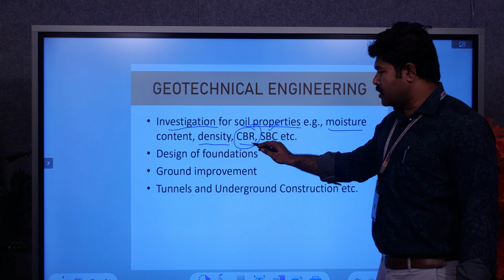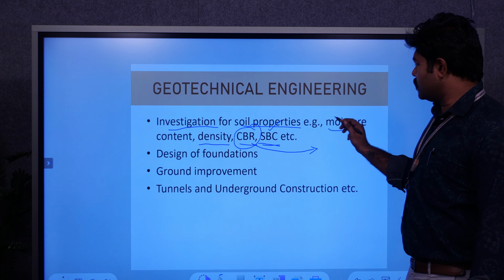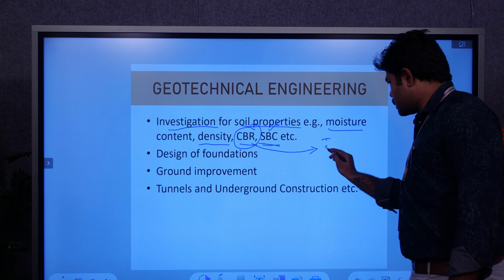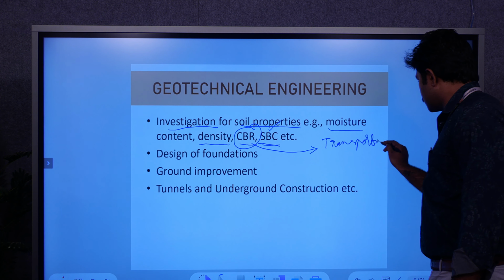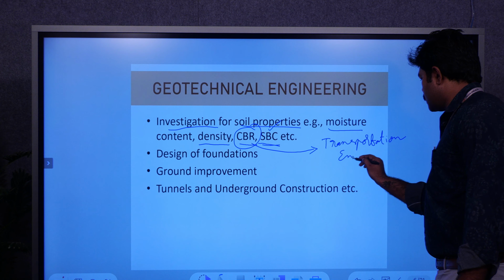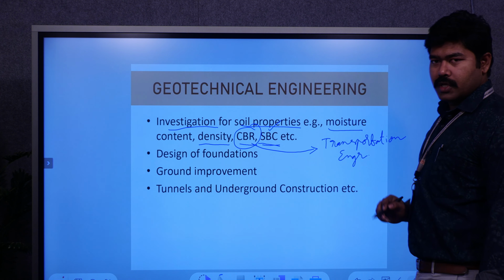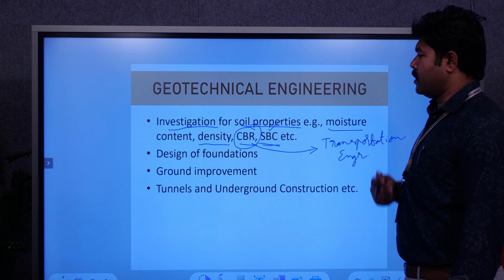The geotechnical engineer provides the CBR value and remaining properties to the transportation engineer. With these values, they will design the road layers or highway layers.